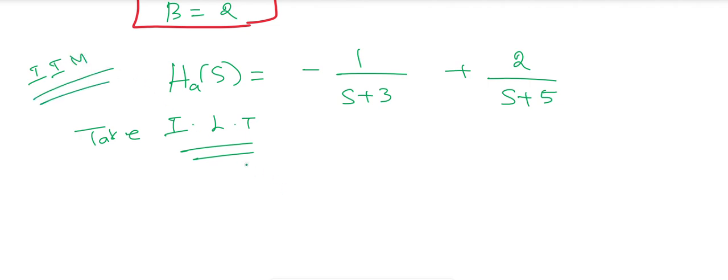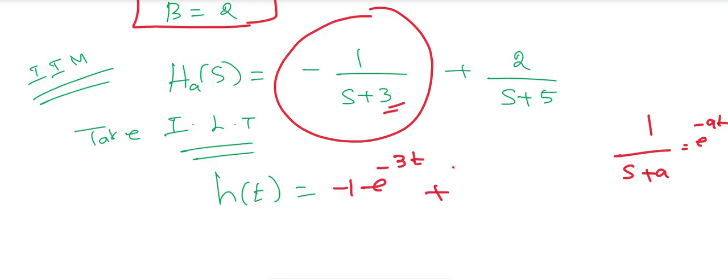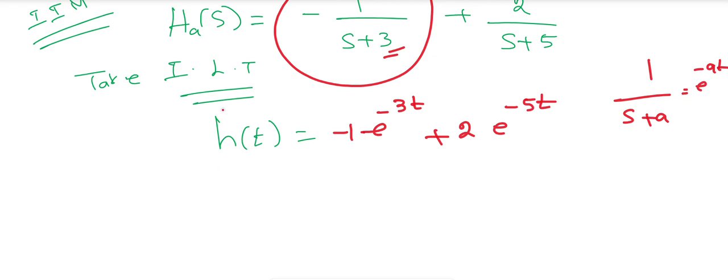H of t can be written as minus 1, the coefficient, into e power minus 3t, plus the coefficient 2 into e power minus 5t, since 1 by S plus a gives e power minus at. Then take the Z transform of H of t.